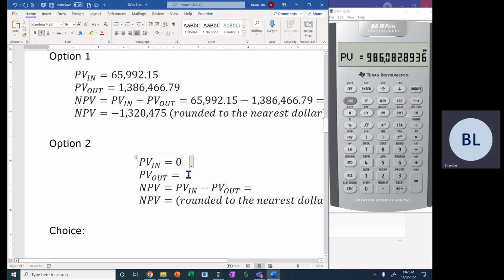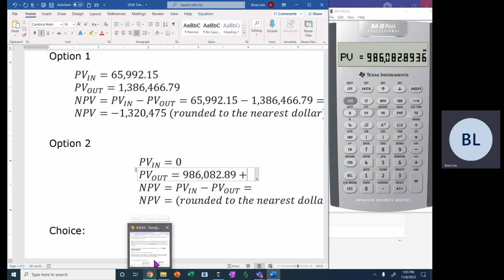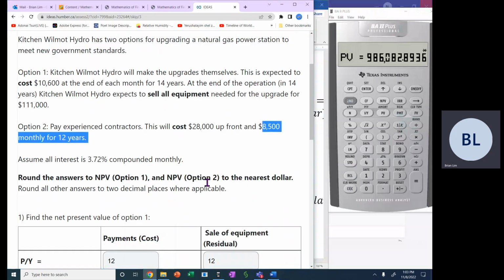And the out would be that number we're seeing right up there, 986,082.89. And then we have to add the upfront amount, which was 28. This is option number 2, in case you're losing track.